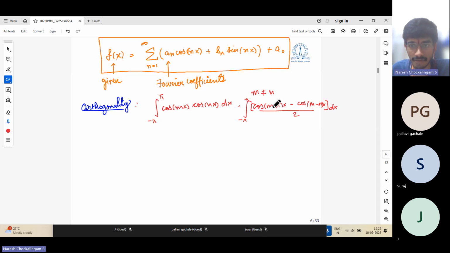Whatever this integer is, we know that 2 pi is a period. So whatever this is, it is periodic. So 2 pi is a period of the integrand.